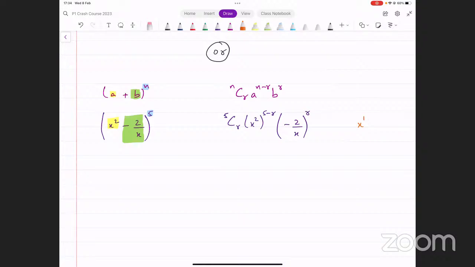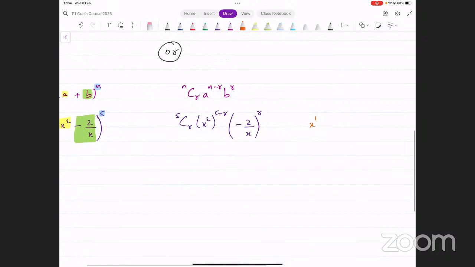So what you do is, you just simplify the powers of x in this case. What do you have in the numerator? In the numerator, you've got x power 2 into 5 minus r. Or let me just write it down like that. First, x squared, whole raised to power 5 minus r. That's what you have in the numerator. In the denominator, you've got x power r.